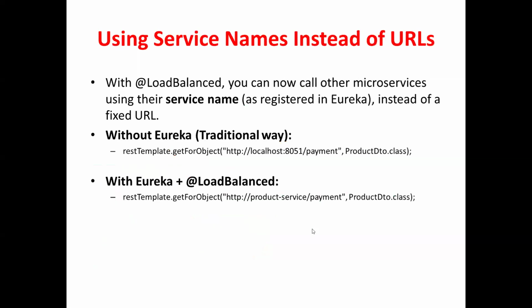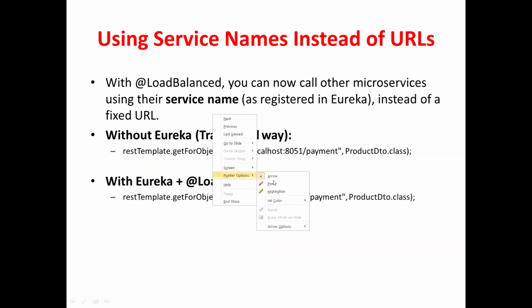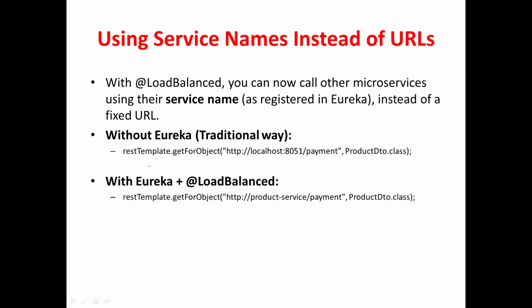Now, how to use service names instead of URLs. Without Eureka, if you are making an API call, REST template dot getForObject to a GET API, you use localhost 8051. Imagine your payment service is running on three different port numbers.